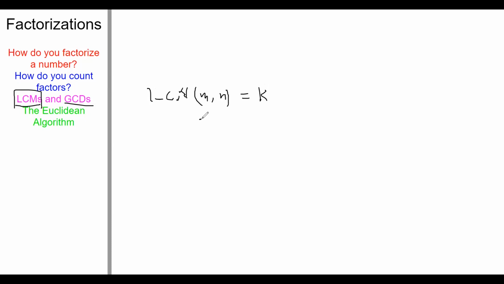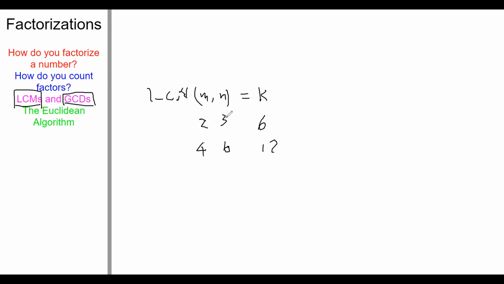So for example, if we have 2 and 3, then the LCM of that is 6. If we have something like 4 and 6, the LCM is 12. And so on. Notice that this LCM must be greater than or equal to both of these numbers. Otherwise, by definition, it would not be a multiple.